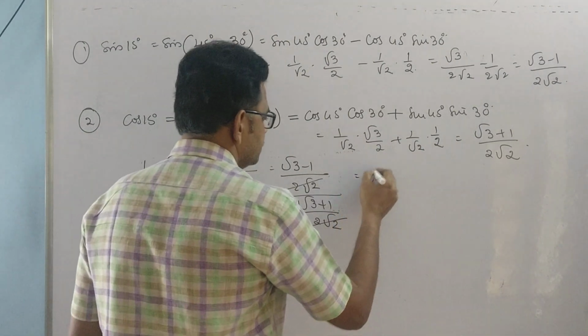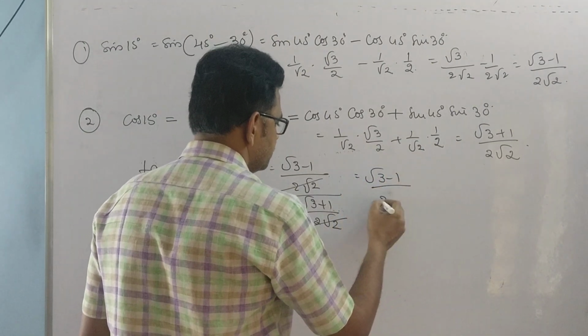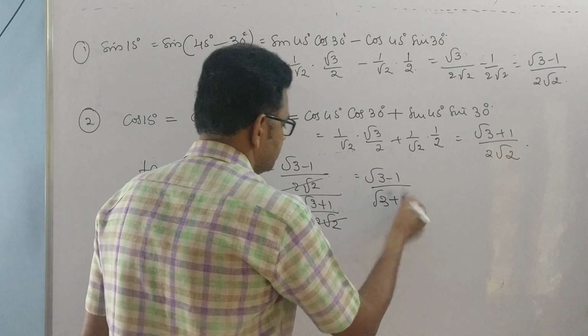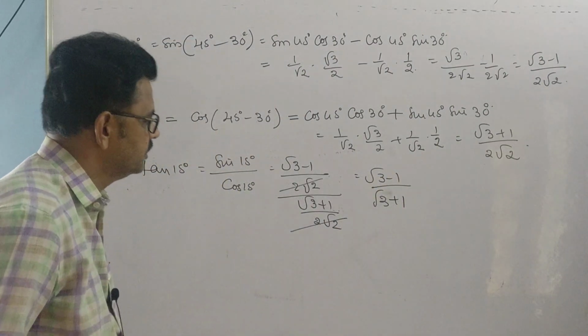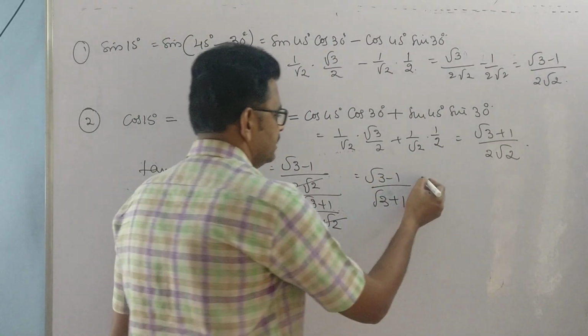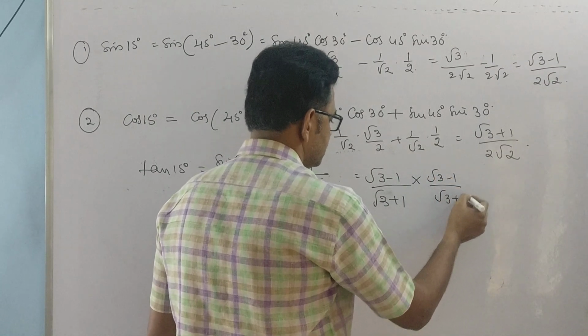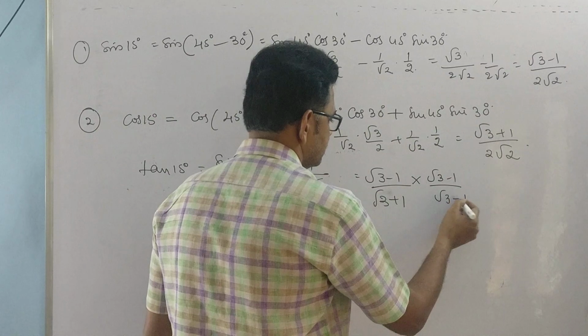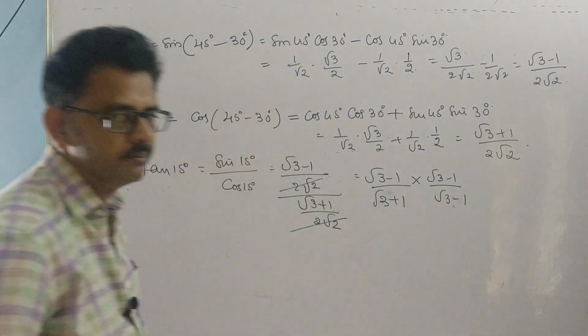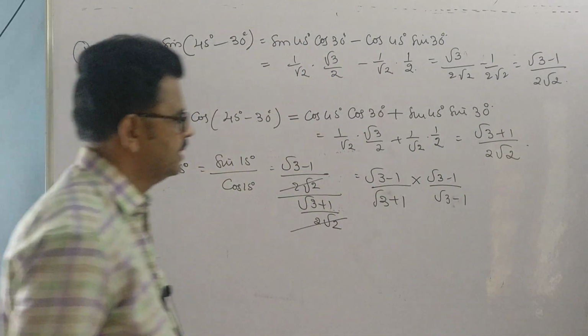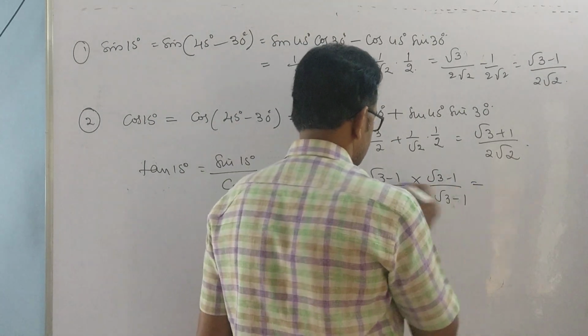That is equal to root 3 minus 1 by root 3 plus 1. Rationalizing the denominator, multiplying and dividing by root 3 minus 1.